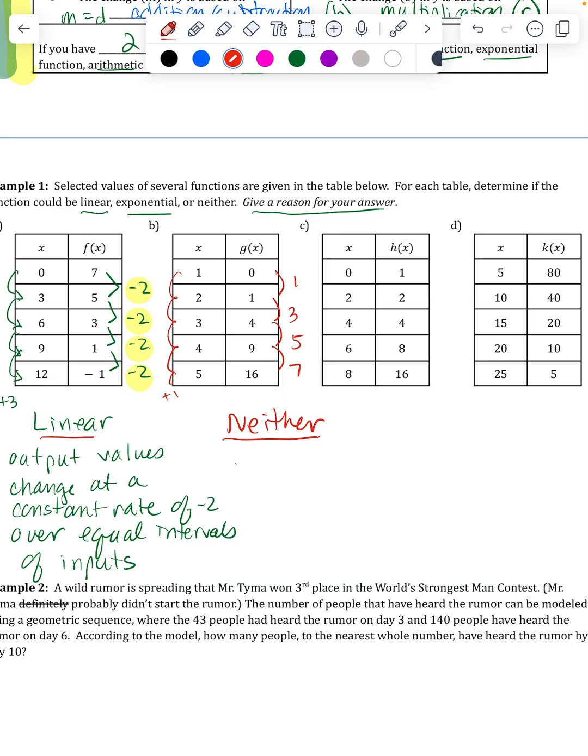So here, I would just say that the output values are neither, so they are not constant and not proportional.